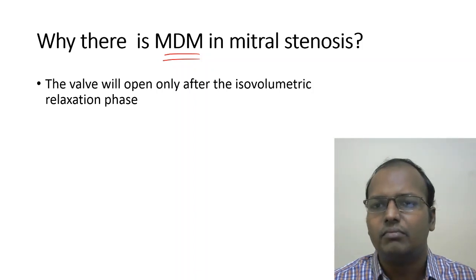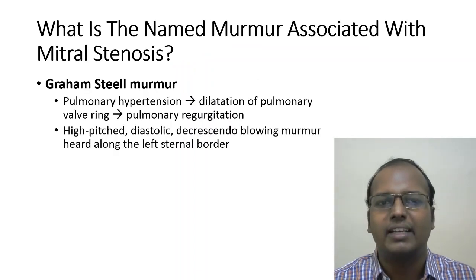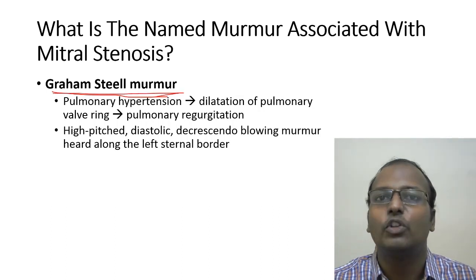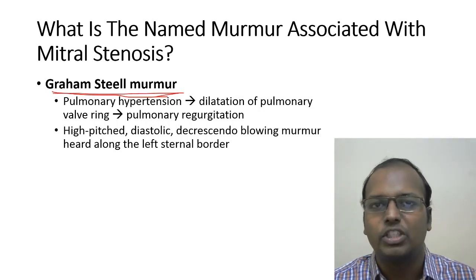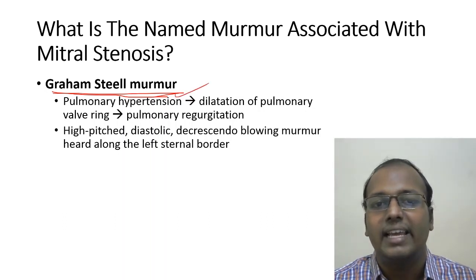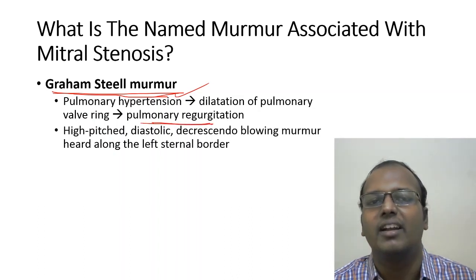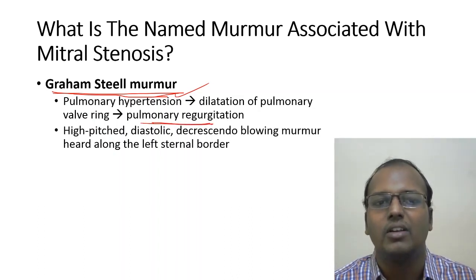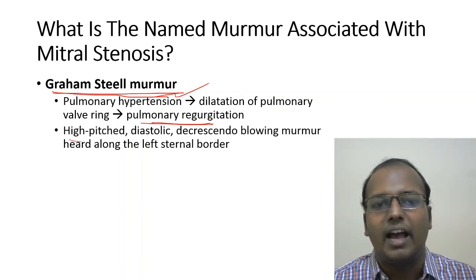What is the name of the murmur associated with mitral stenosis? It is called Graham-Steell murmur. It is not directly related to the mitral stenosis, but a mitral stenosis patient, as I discussed already, is prone to develop pulmonary hypertension. So dilatation of the pulmonary valve ring will lead to pulmonary regurgitation. That murmur is called Graham-Steell murmur. So how will that murmur be?